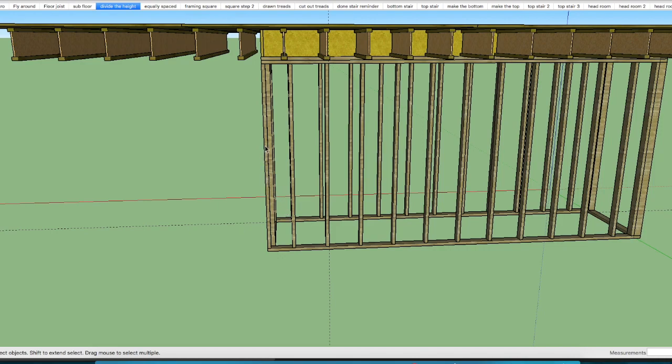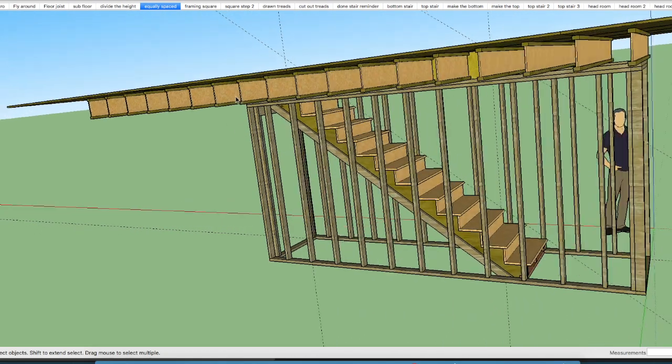If we didn't like that and wanted to divide it into 2 steps, we could divide that step right here in the middle, and there'd be one step that's 4 feet, another step that's 4 feet. Obviously this is the wrong way to build stairs, but the concept illustrates the process of deciding how many stairs will be needed to get from one floor to the other in a comfortable way.